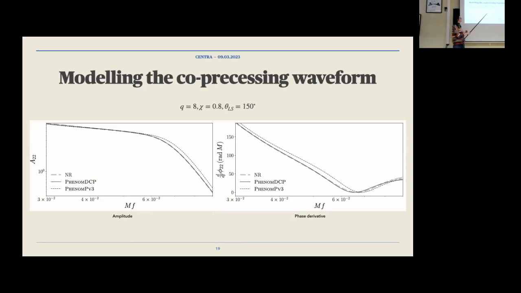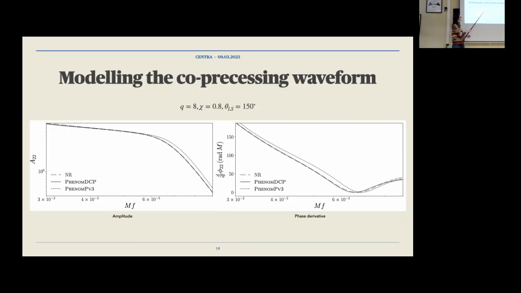And here, the grey line shows the numerical data, the dashed line shows what happens if you don't introduce this information from numerical relativity, you just make the naive approximation that you can exactly map to an aligned spin waveform.